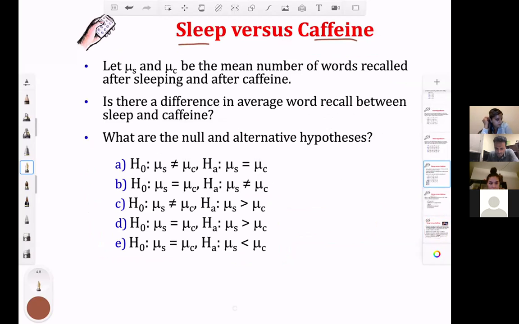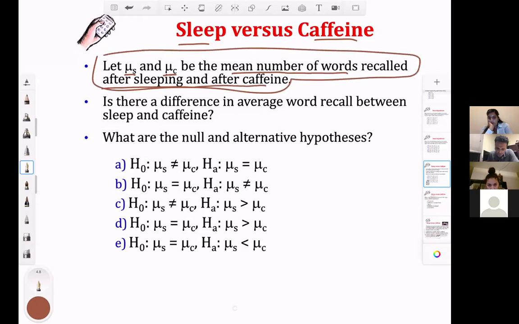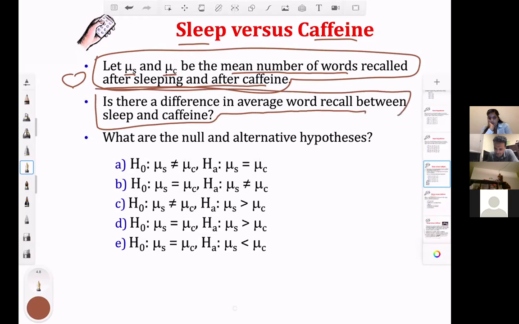Let mu of S and mu of C be the mean numbers of words recalled after sleeping and after caffeine. This should be okay. It has to make sense. Another question: is there a difference in average word recall between sleep and caffeine? That's the question. What are the null and alternative hypotheses?